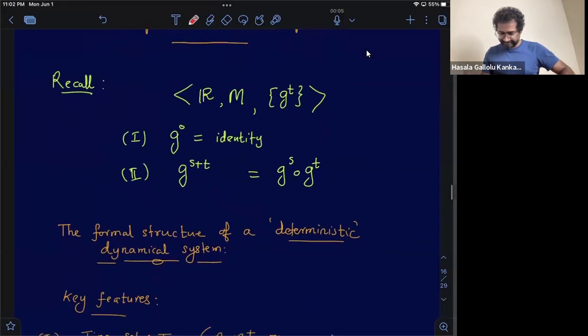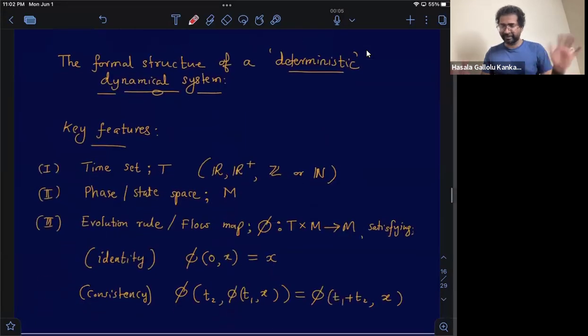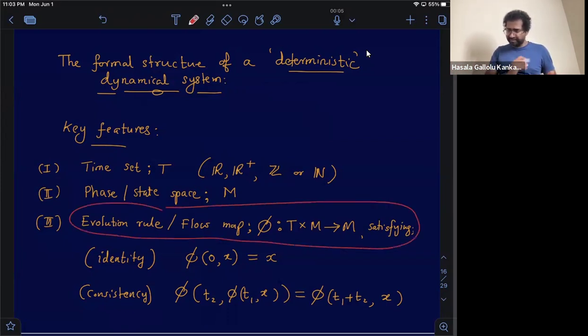Now, this is something that we had already seen in the previous lecture. I'm just bringing it back because there is a general picture behind this, other than calling it a one parameter group of transformations. There is a general way to describe both of these directions.